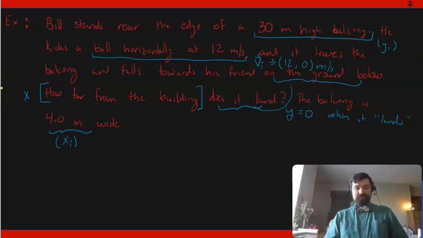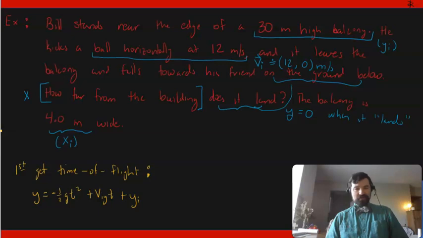Well, step 1 is solve for time. So first get, let's call it, time of flight. How we do that is we use our vertical equation. y is negative 1/2 times g times t squared, plus v initial y times time, plus y initial.